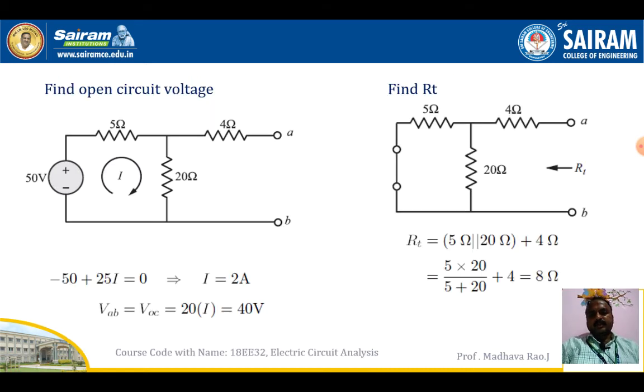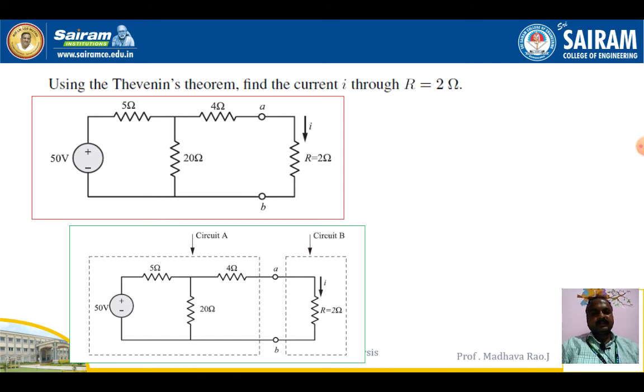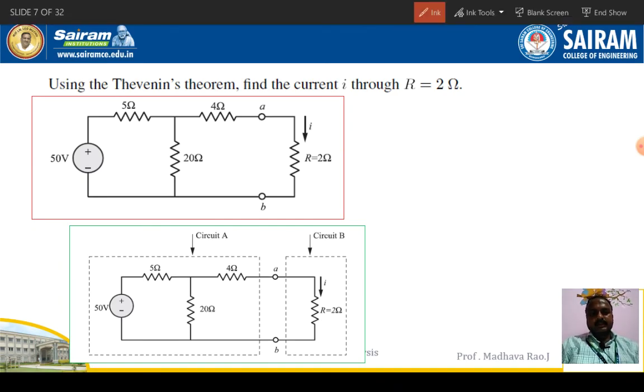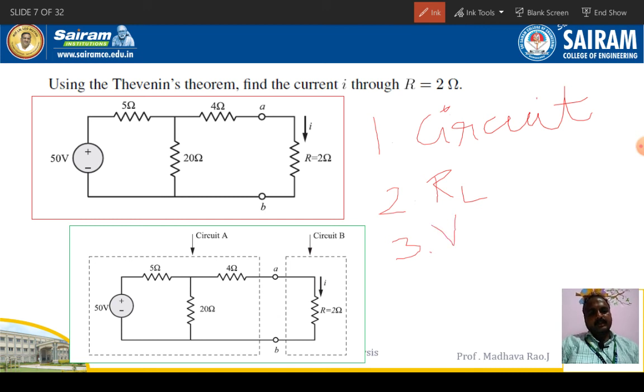So first we have to follow the steps. What are the steps we have to follow? The first step, we have to observe the circuit. The second step is remove the load resistor. The third step is find the VOC, the open circuit voltage.